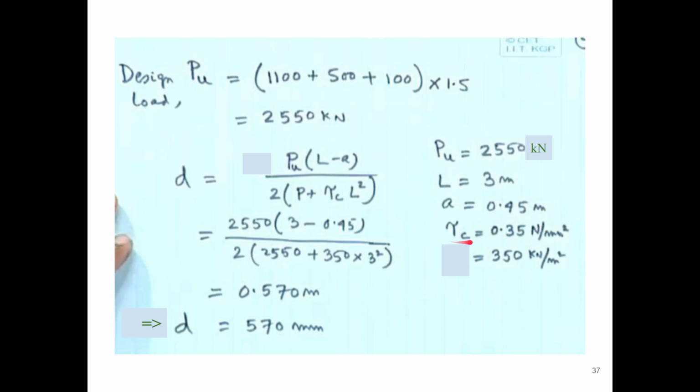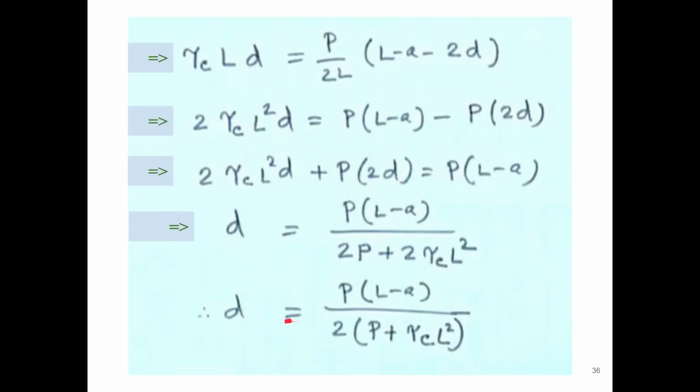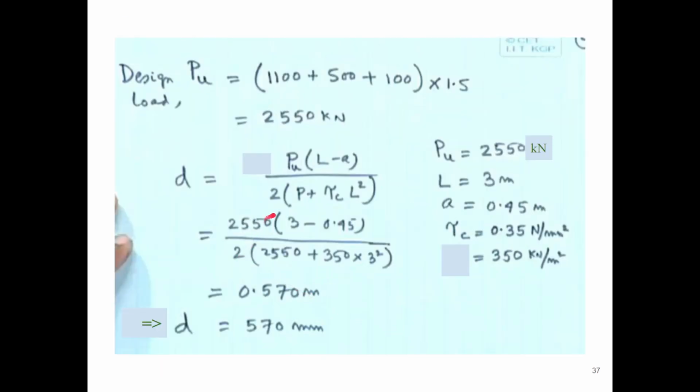Tau C, the shear strength of concrete, is 0.35 newton per millimeter square or 350 kilonewton per meter square. Substituting all these values in this equation, D equal to P into (L minus A) by 2 into (P plus tau C L square), we get the required effective depth as 570 millimeter.